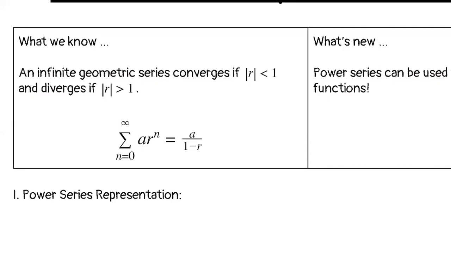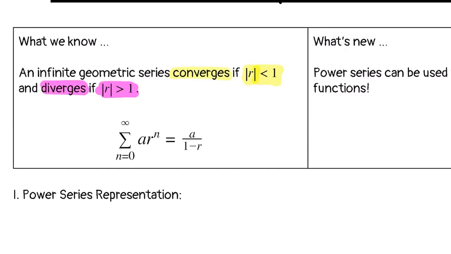So if the absolute value of the common ratio is less than 1, we're going to end up with a convergent geometric series. But if the absolute value is greater than 1, then we're going to get a geometric series that diverges, okay?